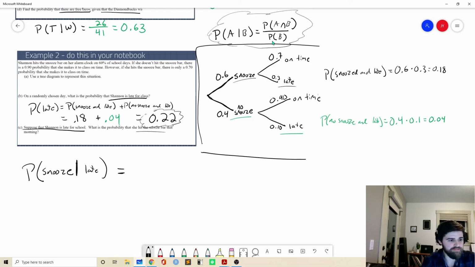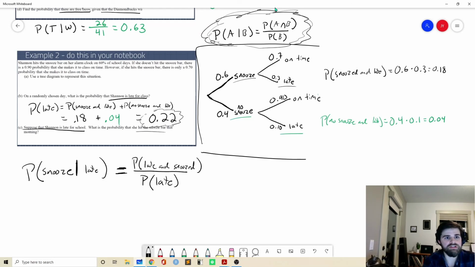So the probability of snooze given that late, well, we want to look at all of those late times. Out of all those days where she's late, how many of those was she late and snoozed? Cool, so that's our conditional probability formula. I mixed up A and B there, but that's fine. Okay, so we already found one of these things.